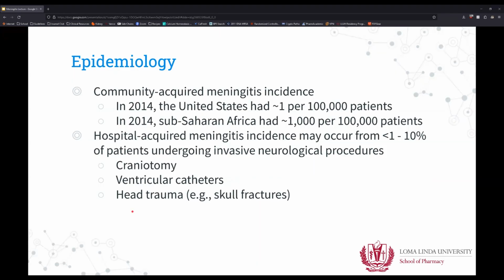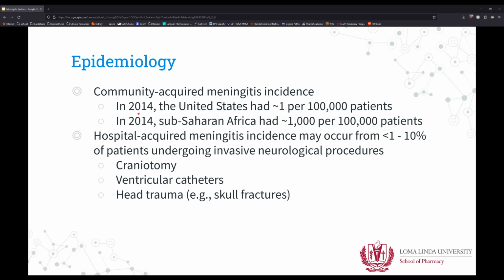So the epidemiology behind this and why it matters. Community-acquired meningitis: in the last study, in 2014, in the United States we had about 1 in every 100,000 patients with cases of community-acquired meningitis. We'll talk about the differences between community-acquired and hospital-acquired meningitis later on.